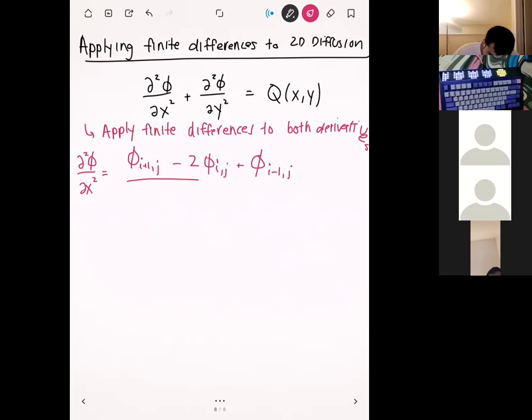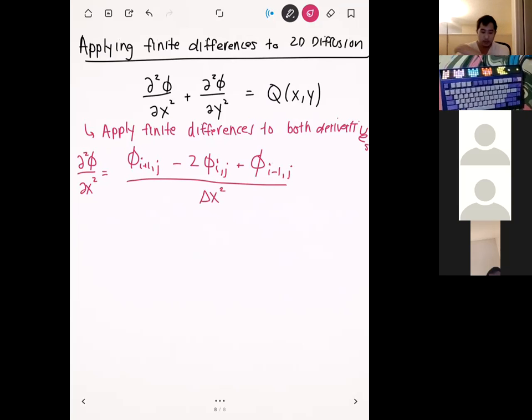And all of this is divided by the grid spacing in the x direction, so this is divided by delta x squared. This is nothing more than our finite difference equation for our second order derivative, right?